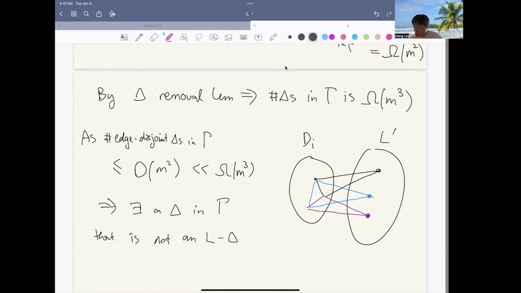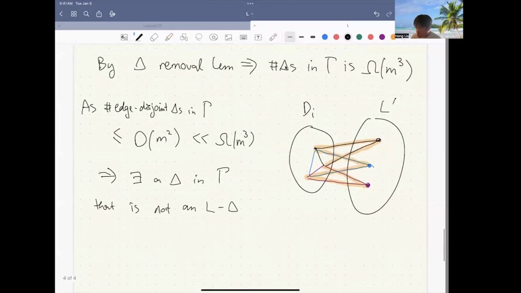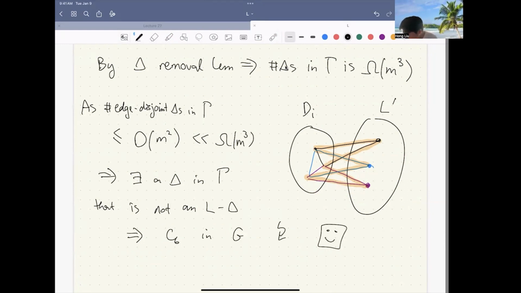Lo and behold, you look at here now in our graph, 1, 2, 3, 4, 5, 6. You have a 6-cycle in the graph G, which is a contradiction. This implies C6 in G, contradiction. Any question?